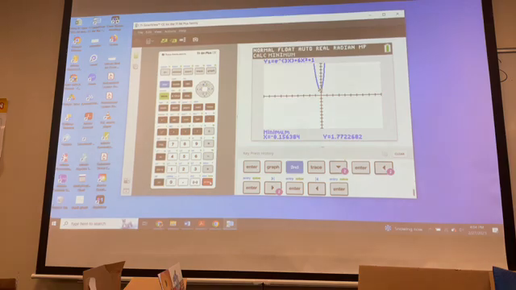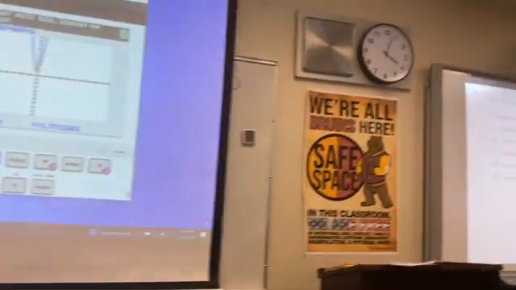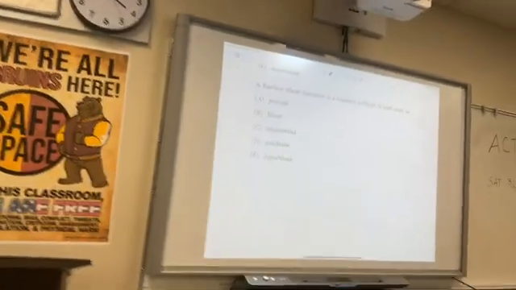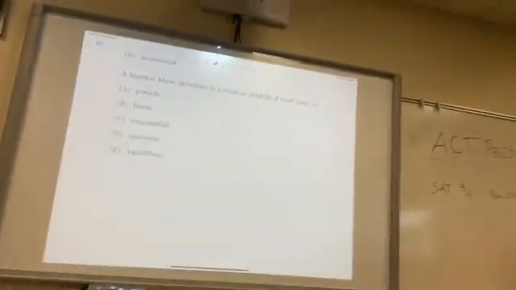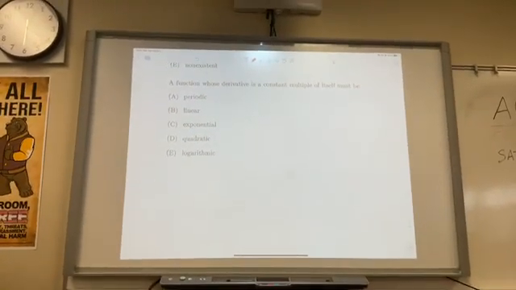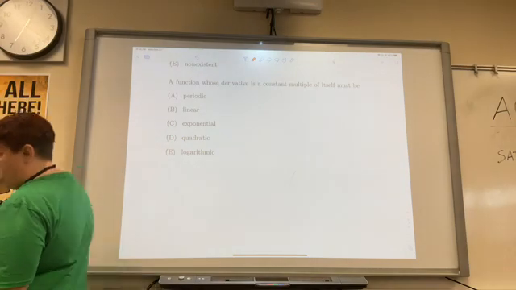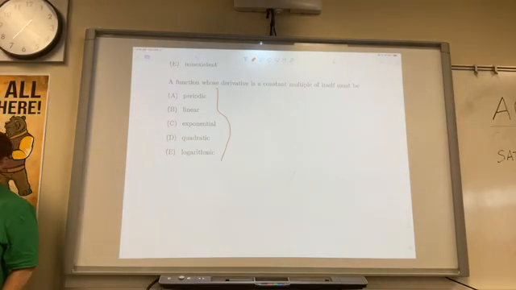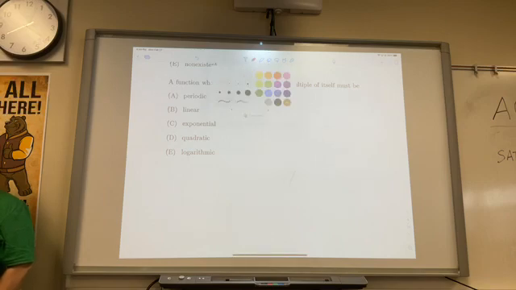Why is it 1? A function whose derivative is a constant multiple of itself. Do you guys know what those words mean? Okay, tell me what words of those you know. Yeah, you do. What does linear mean?